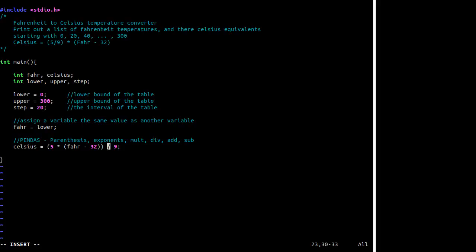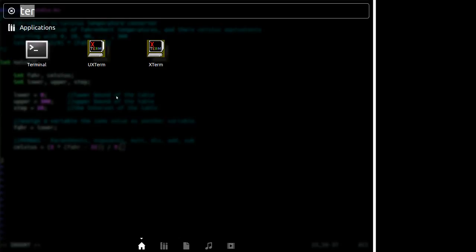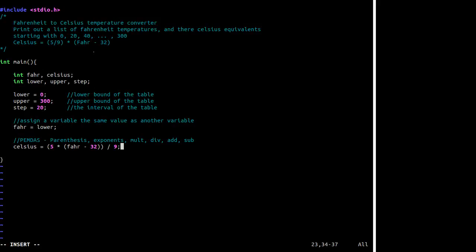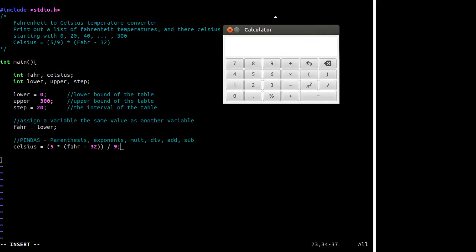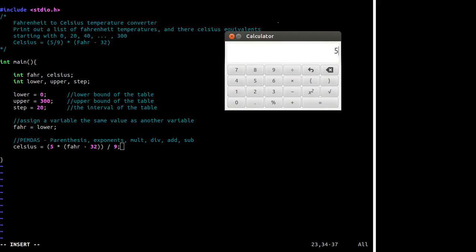Now, obviously this is still going to truncate it, and in fact I will pull up my calculator real quick here. If we do that math, 5 times, well, I'm just going to say negative 32 because we know 0 minus 32 is negative 32.